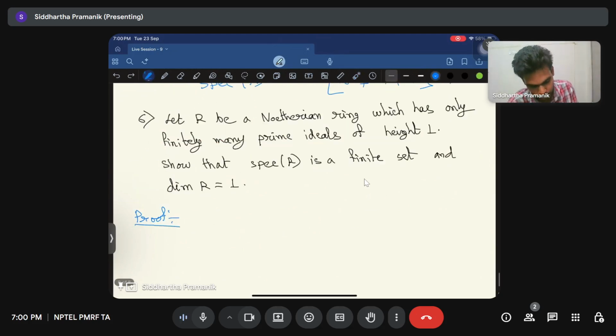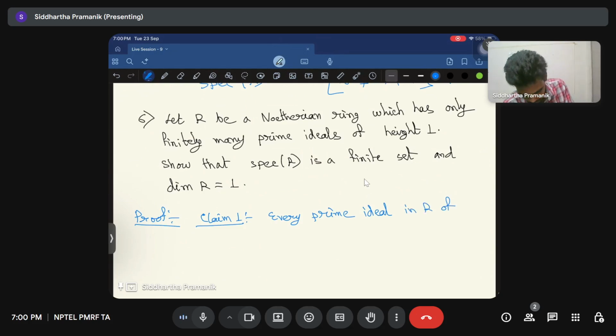So what we will do is, the first claim is every prime ideal in R of height 1 is maximal.